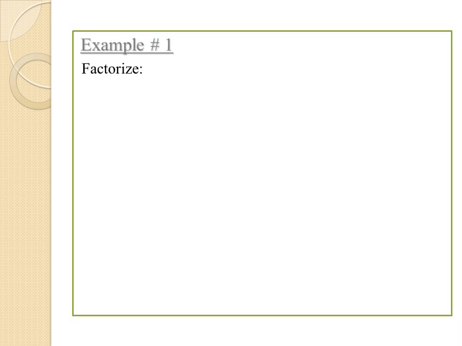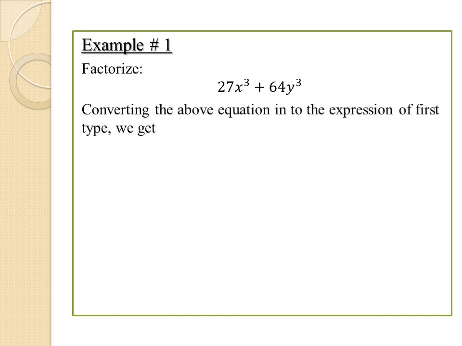Now solving example number 1 related to type number 1, which is factorize 27x cube plus 64y cube. First of all, convert the above equation into the expression of type 1. We will get 3x whole cube plus 4y whole cube.